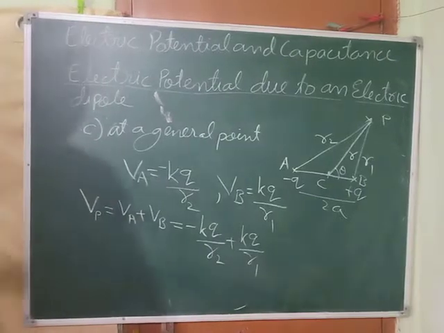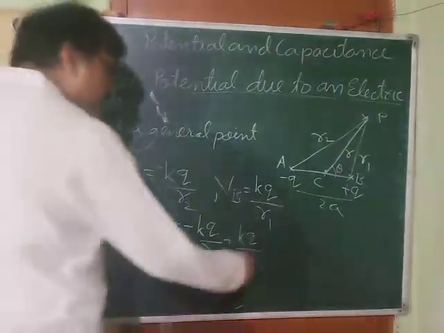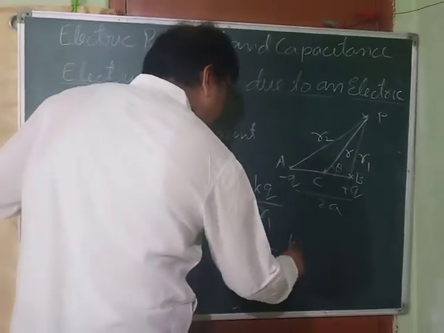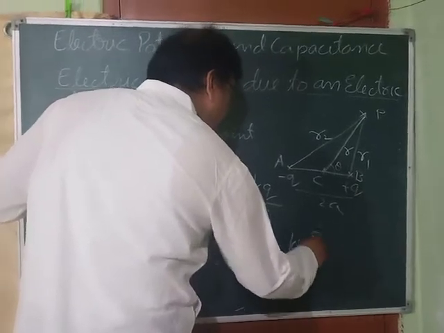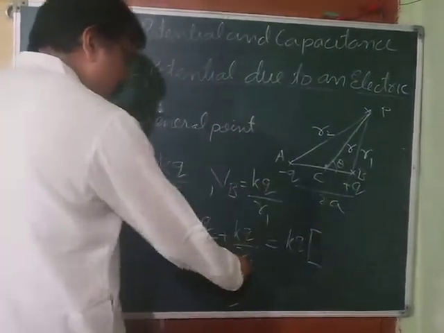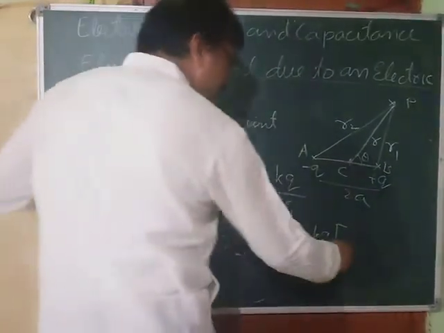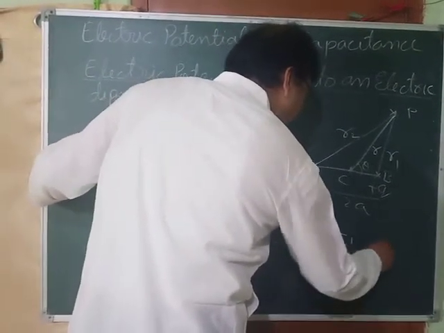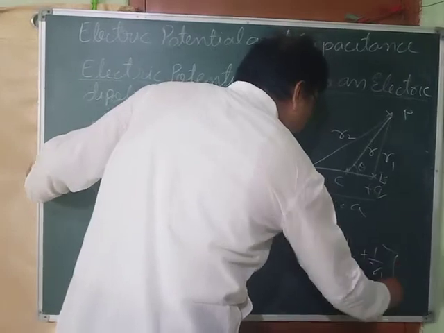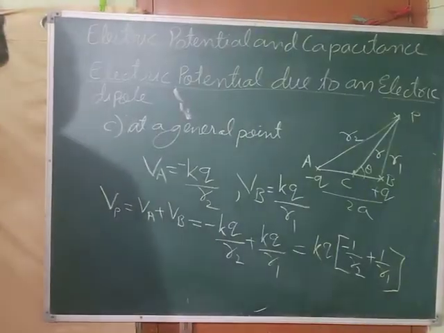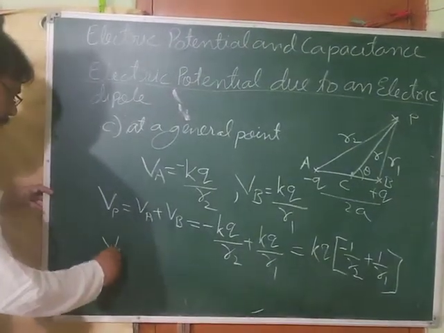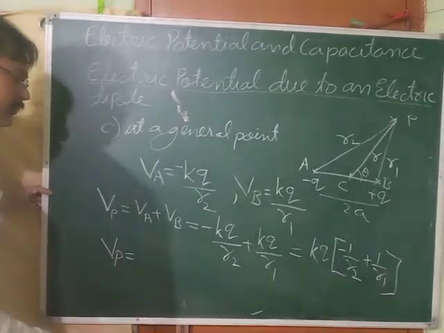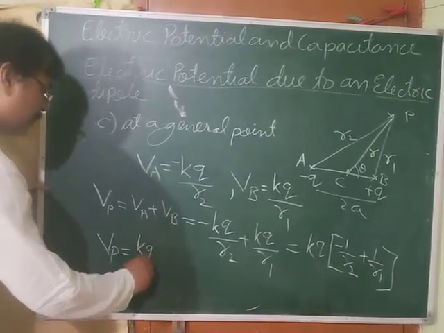So from here, can we take KQ common? KQ has been taken common. We have got 1 by R1 positive, 1 by R2 negative. Now, Vp is equal to KQ, which is common.